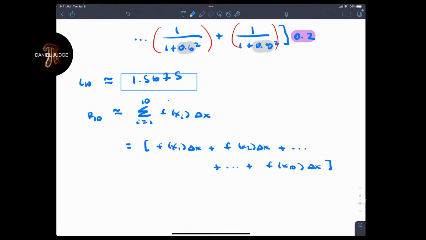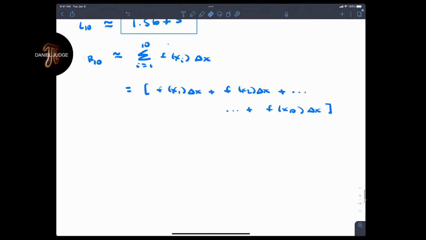I'm going to close that. We can factor out the delta x. We get f of x1 plus f of x2 all the way up to f of x10 with the delta x.